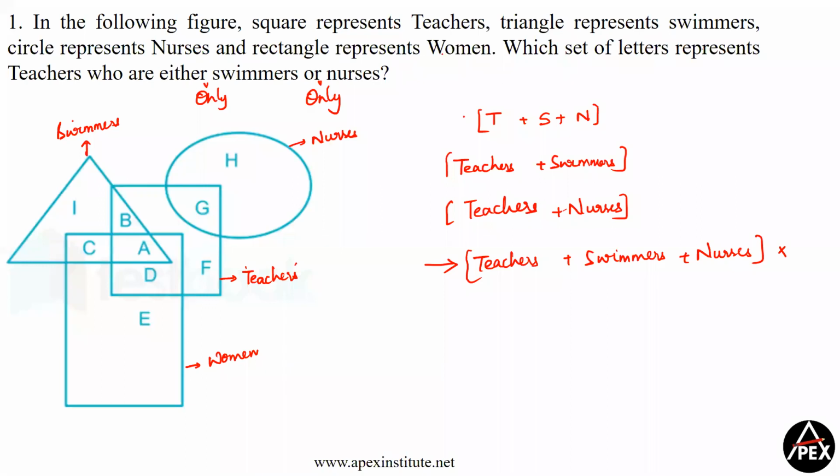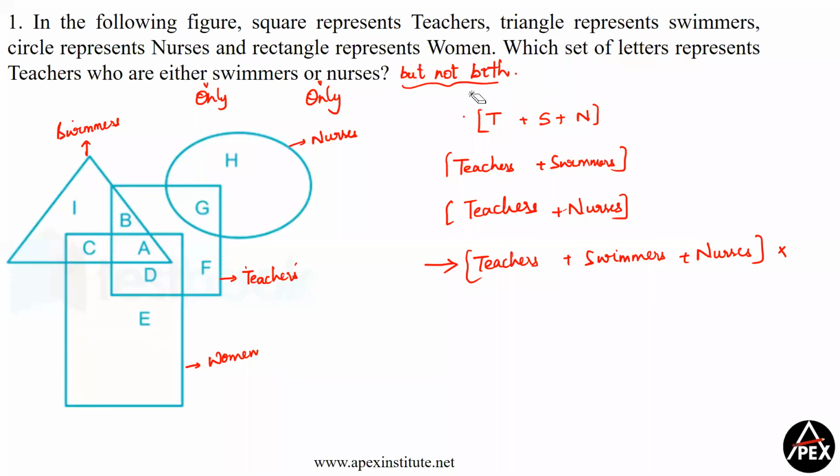Or if it is given teachers who are either swimmers or nurses but not both, then you cannot consider that. Otherwise, you need to consider that. Clear, guys? Quick responses.